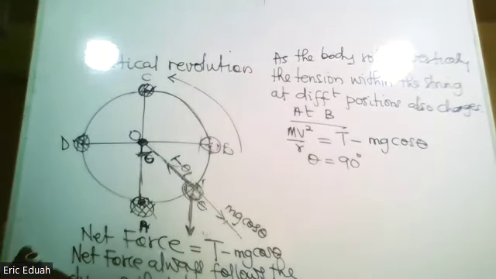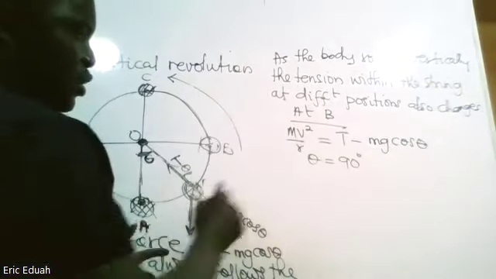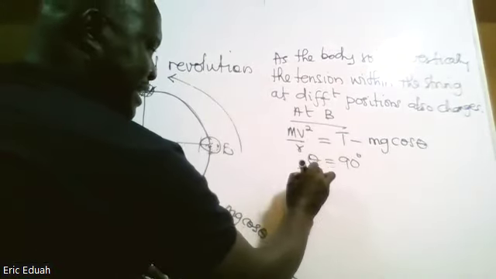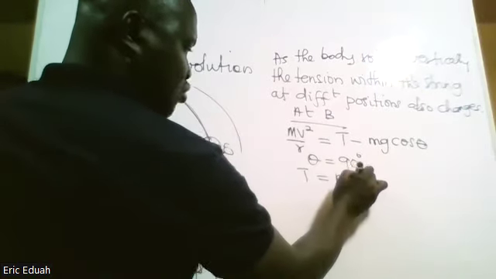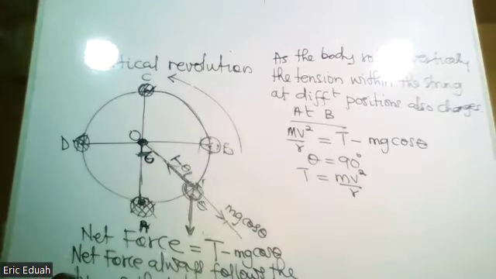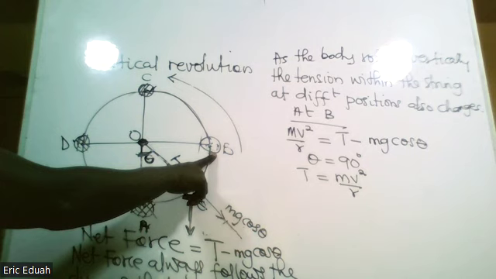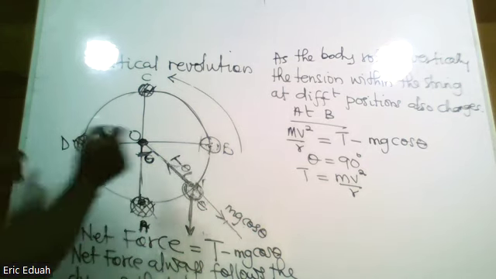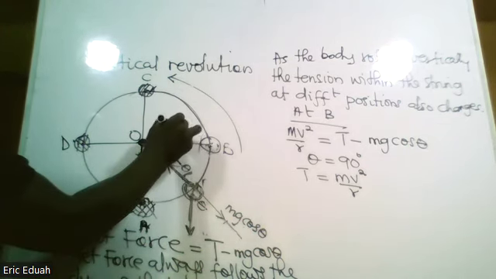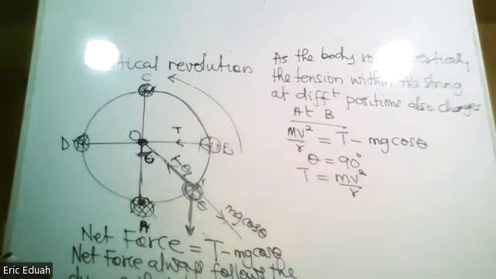So if theta is 90, when you substitute it into the equation, you have T equal to mv squared over r, meaning that at B, the tension within the string T is equal to the centripetal force.